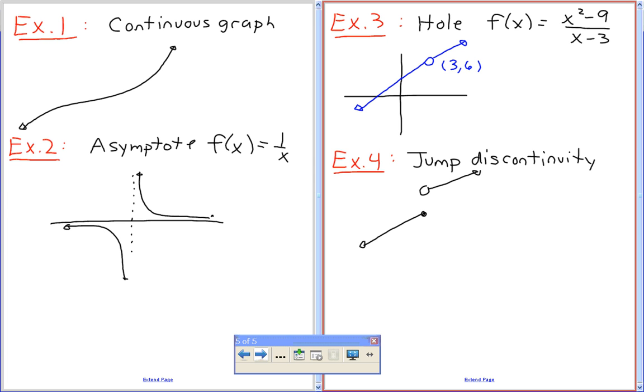What that means is the graph continues along like this, but once it gets to a certain point, it changes its value. The problem with this is that the limits on either side are not equal.